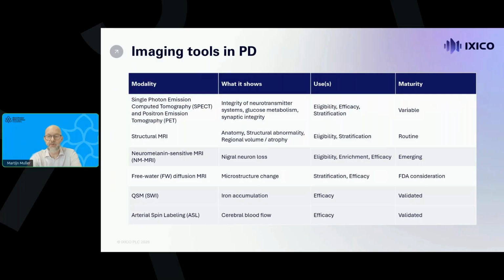Routine clinical MRI is actually included in most trials, as these scanners are typically available at clinical trial sites, and the infrastructure is there. Nuclear imaging techniques typically require more specialized imaging centers. Overall, though, the maturity and regulatory acceptance of these methods vary considerably. Let's start off now with a look at where imaging is already having the greatest impact in trials today. Let's go to the next slide.